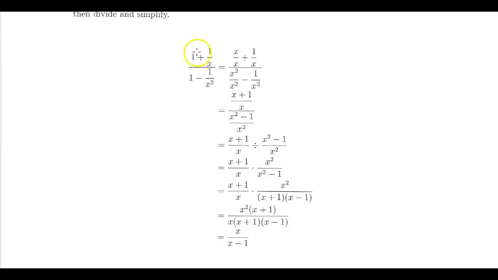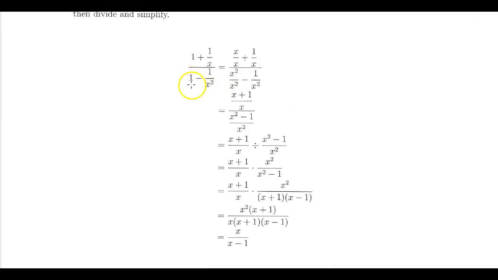In the numerator, we have a least common denominator of x. If I multiply the first fraction by x over x, I get x over x plus 1 over x. In the denominator, we have a least common denominator of x squared.